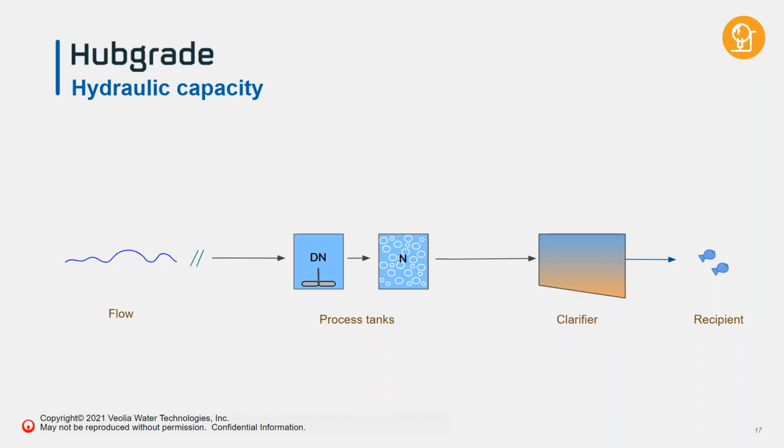So let's try and dig even further down on what it would look like in a typical day-to-day scenario on your wastewater treatment plant. I've tried to draw up a very simplified wastewater treatment plant here. You have your flow on the left, which is your wastewater that comes in. It goes through a couple of process steps, and then it gets to the biological treatment part, where you have a denitrification zone and a nitrification zone.